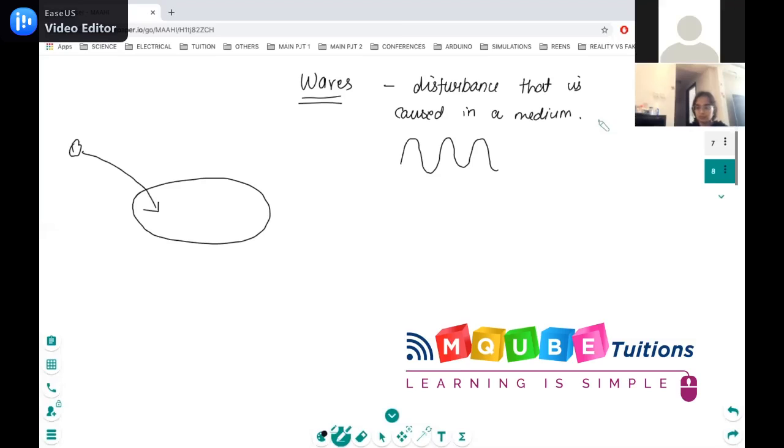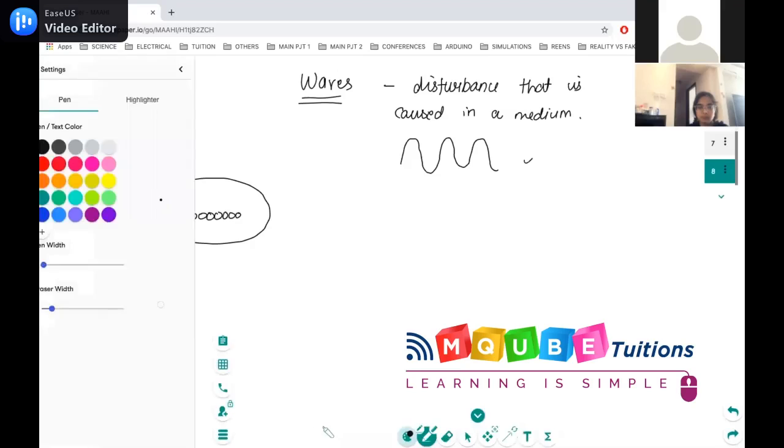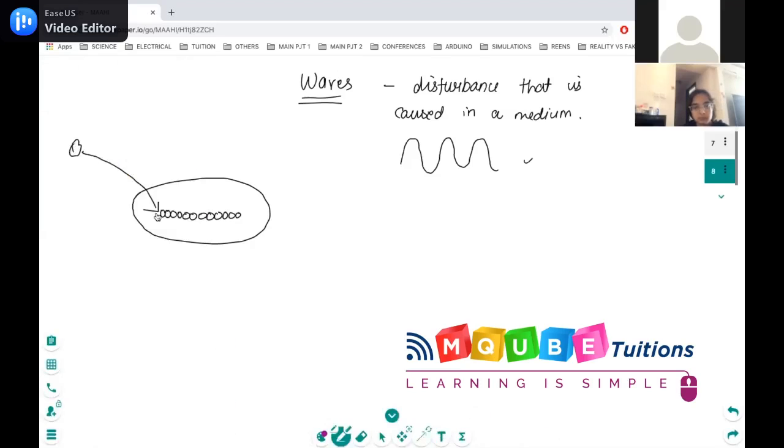All right. Now, why is there a disturbance, or why is this ripple kind of structure formed in a wave? Let us see that. I'm coming back to my pond example. Just imagine this pond is made up of n number of molecules. When you're throwing a rock into it, when the rock was on the ground, it had potential energy.